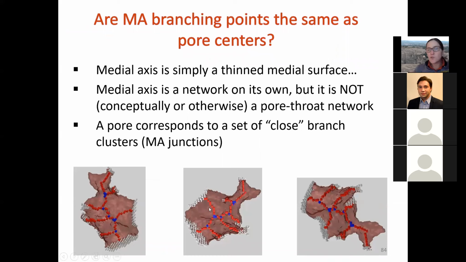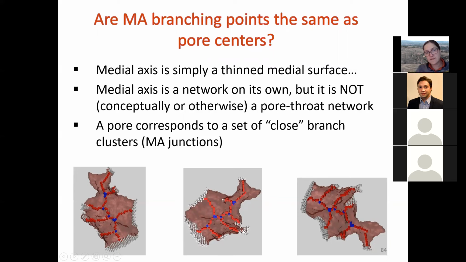Ultimately, you arrive at some set of throats. The main problem in then finding pores, and there are a lot of inconsistencies, is that there is no clear one-to-one correspondence. Just because you have found a throat doesn't mean that it's going to be used in your pore-throat network, because to define a pore, I have to have a clearly defined space that is completely enclosed in between these throats.